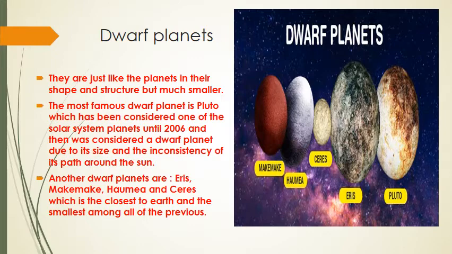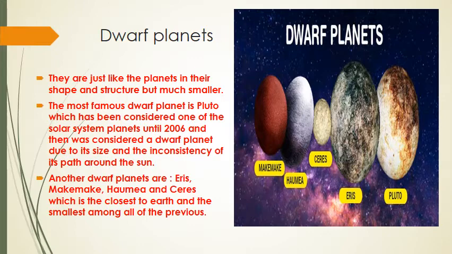As you know, it was a part of the planets in the solar system, but in 2006 they just kicked it out of the planets, but it's still a part of the solar system. It's just not a main planet anymore. That's because all of the planets that revolve around the sun have a certain pathway and revolve around the sun in certain times.